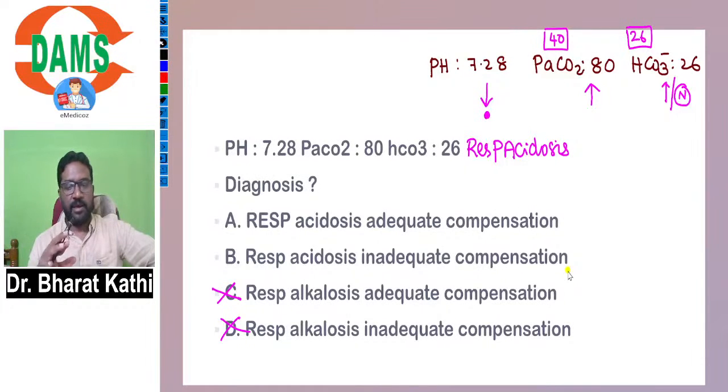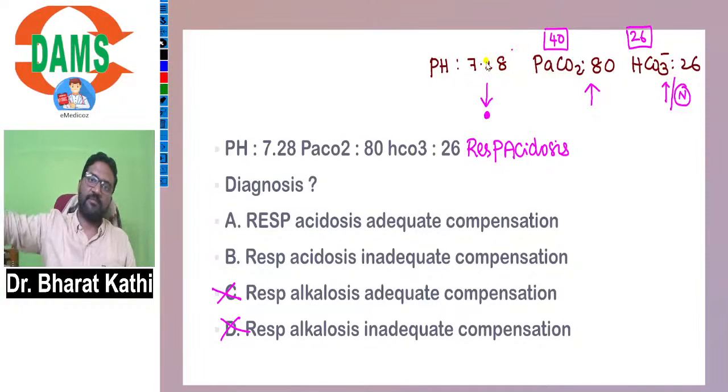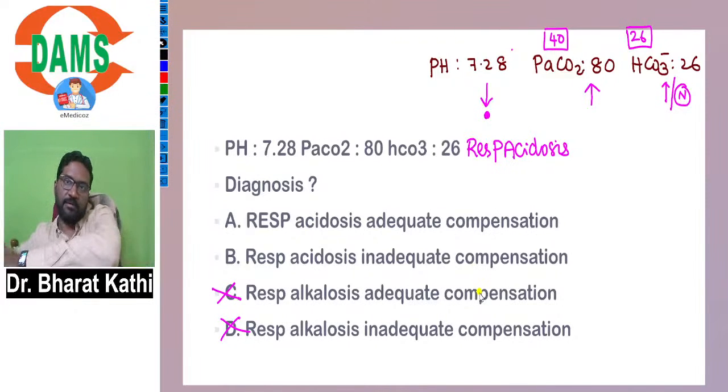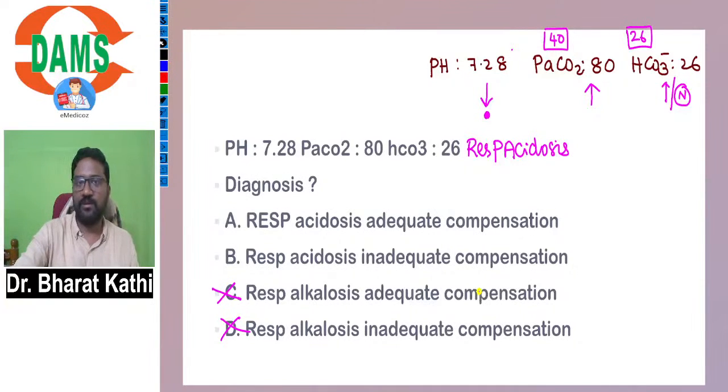We cannot exactly say whether it is acute or chronic, but most probably it is a chronic respiratory disorder, because your kidneys have learned how to fight, and usually the pH will be near normalized. In chronic respiratory acidosis, the pH will be around 7.33 to 7.44. If it is much less than 7.3, generally it has to be acute respiratory acidosis.